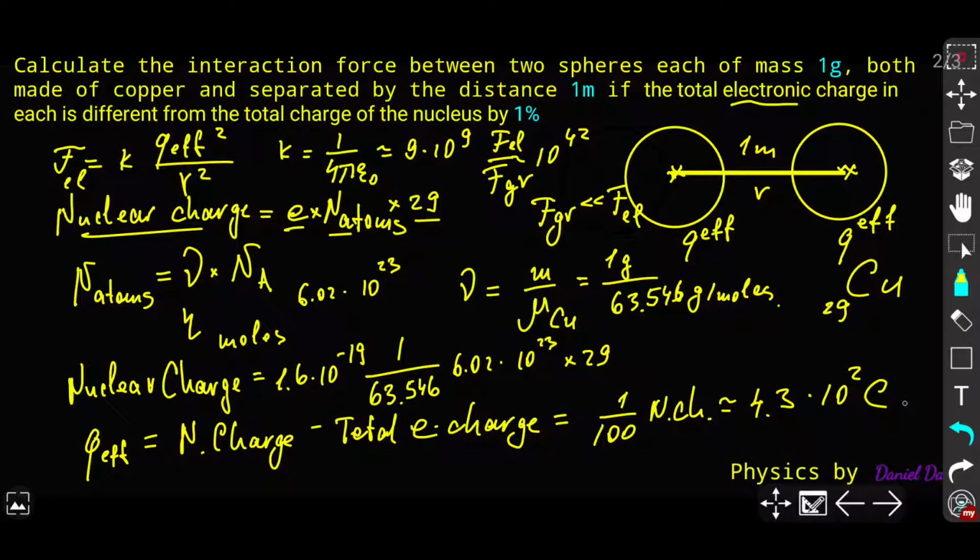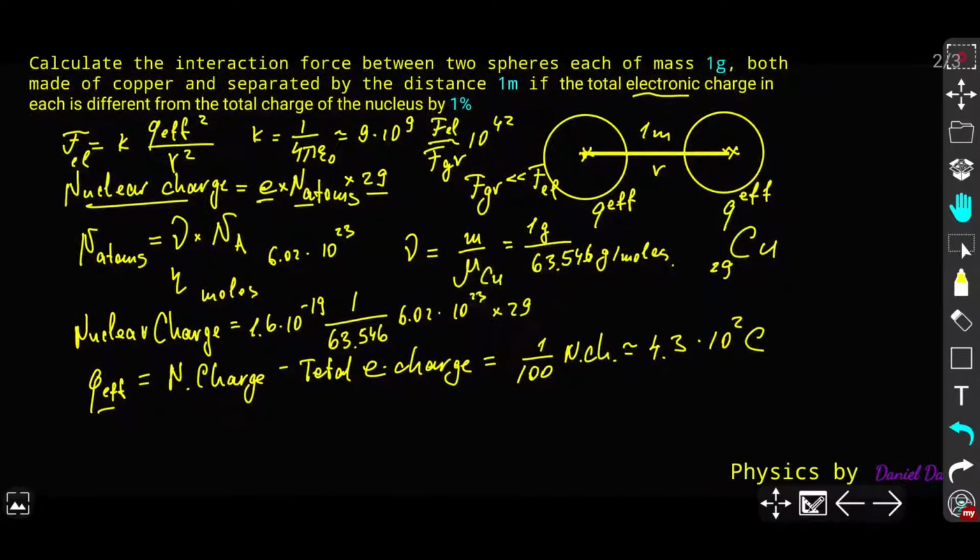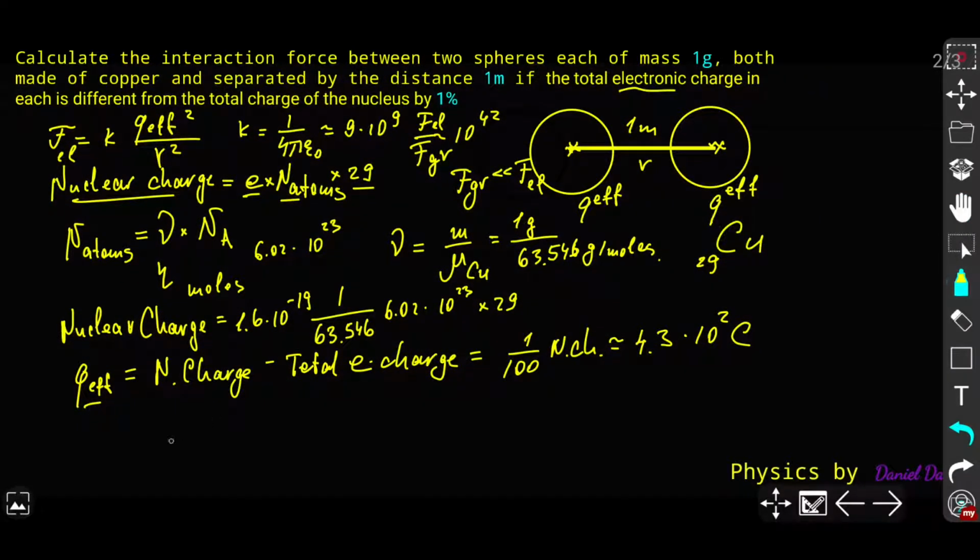Okay, we've got the effective charge, and we can square this, divide by 1 meter squared and multiply by k, which is the constant. In this case we can figure out the final result for the force of interaction.